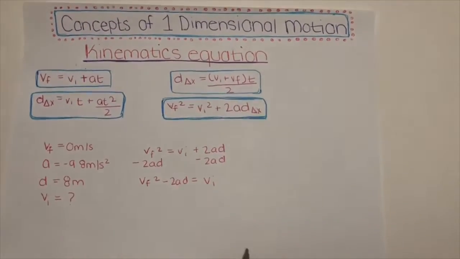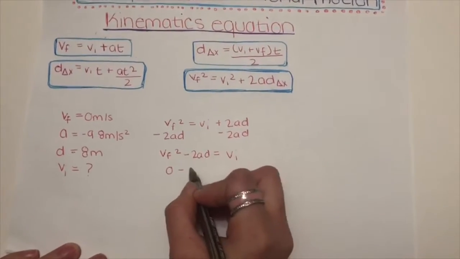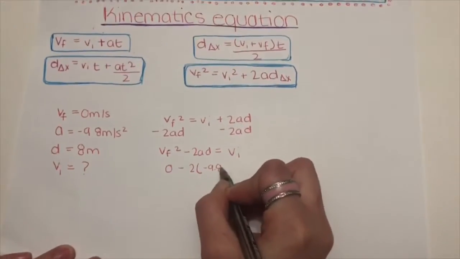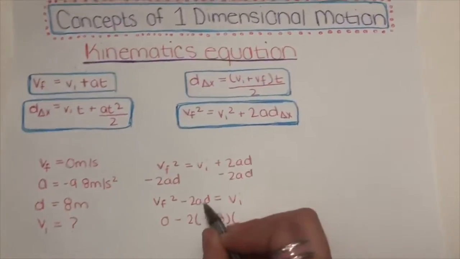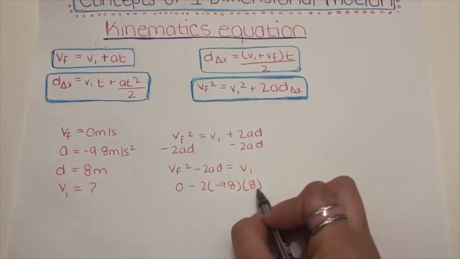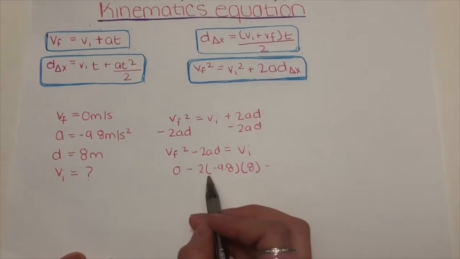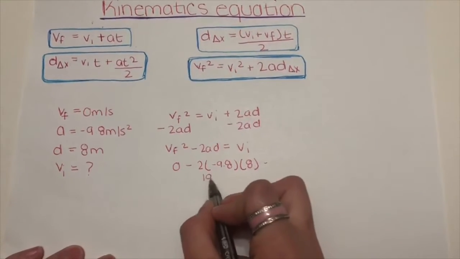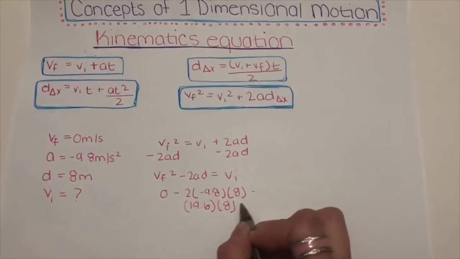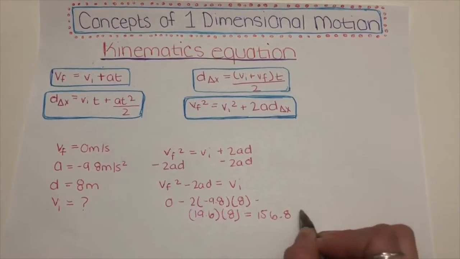So the initial velocity squared is 0 minus 2 times the acceleration, which is negative 9.8, times d, which is 8 meters. So now you multiply these two, which gives you 19.6, and then you're gonna multiply it with 8, which gives you 156.8.